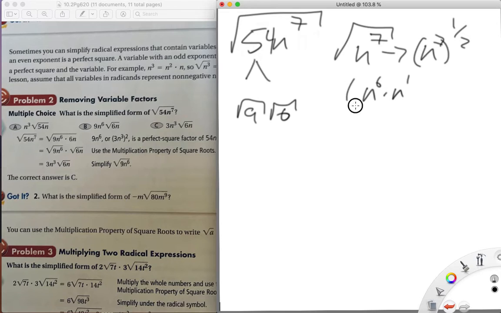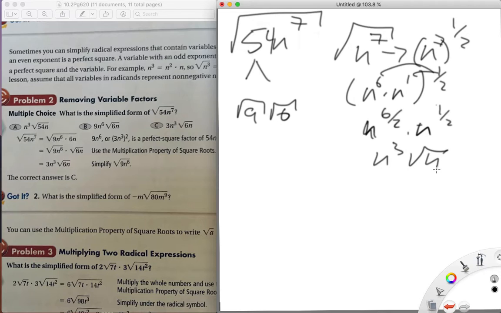And I can multiply those individually by the 1/2. So I can have n to the 6 over 2 times n to the 1 over 2. And then n to the 6 over 2 is n to the 3rd, and then that stays the 1/2 power of n.